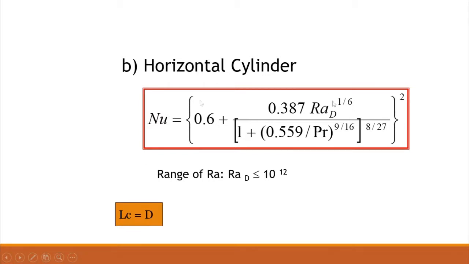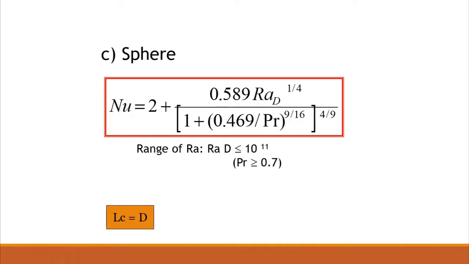We cannot confuse the usage of the vertical and then horizontal cylinder because it is a little bit different. From earlier, we see from the vertical plate that Lc equals L, but for this horizontal cylinder, its Lc is equal to D, which is its diameter.